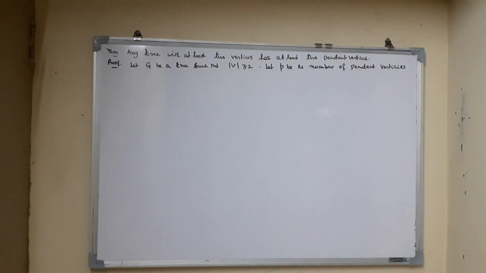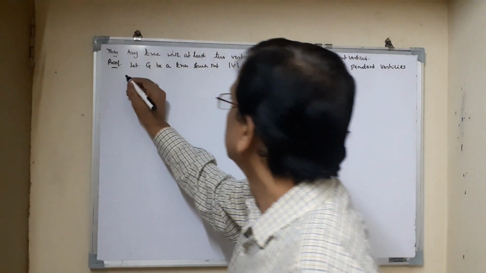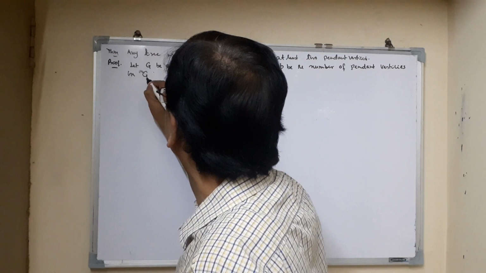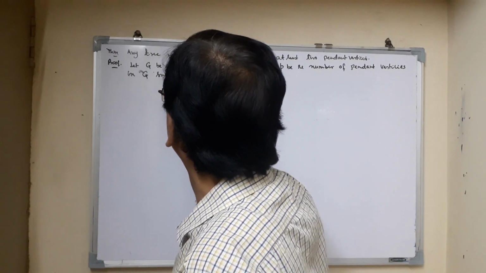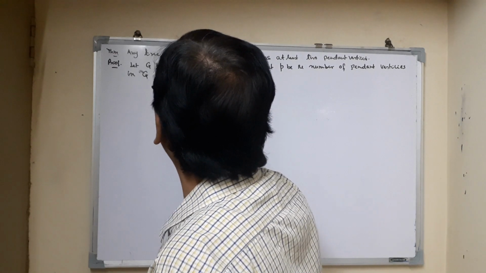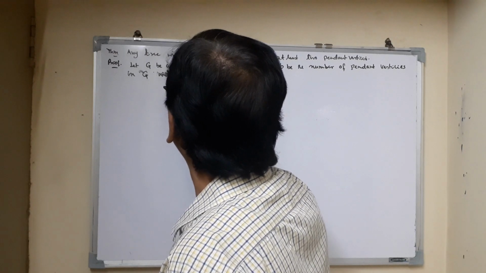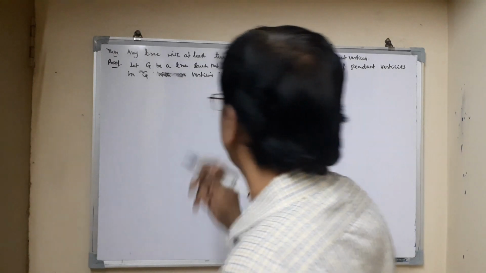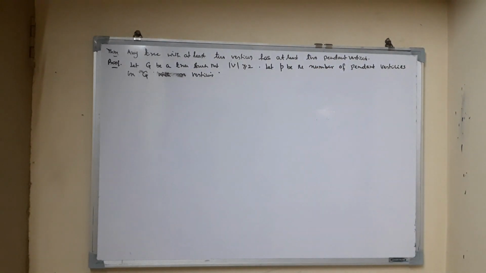Let P be the number of pendant vertices in G, with n vertices. G is a tree with at least two vertices and P is the number of pendant vertices.